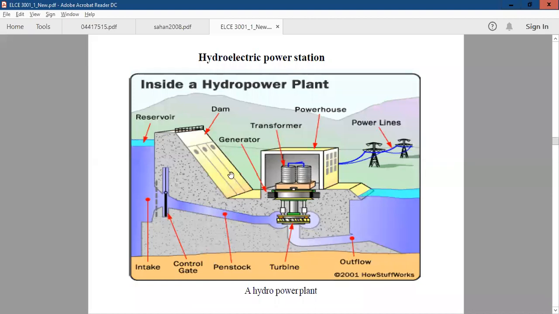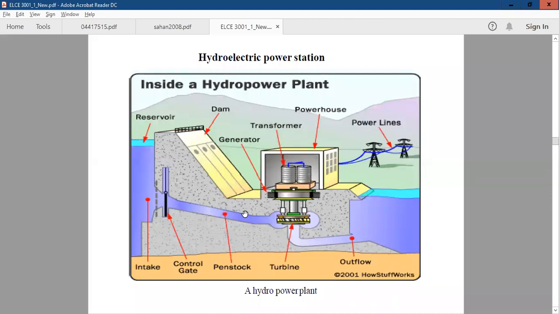The concept of operation here: when we store energy, water is stored, we consider it energy. The water flows through the penstock and becomes kinetic energy due to its motion.